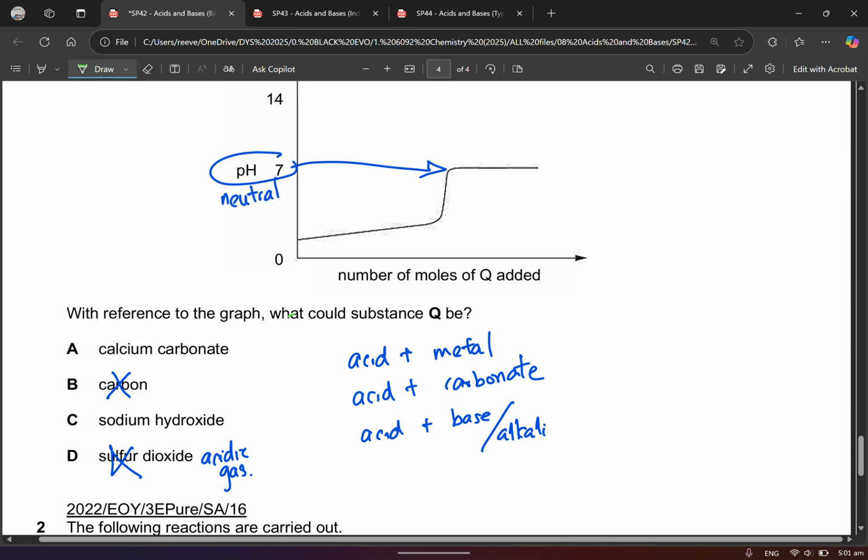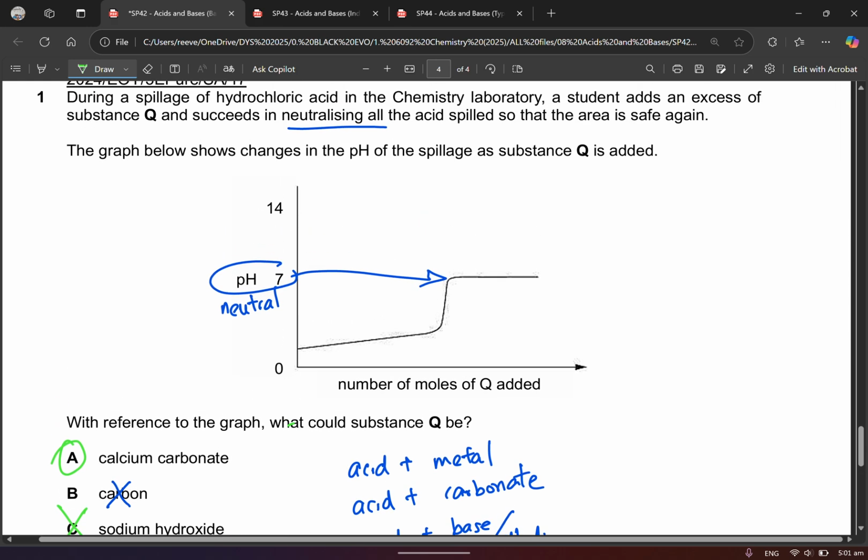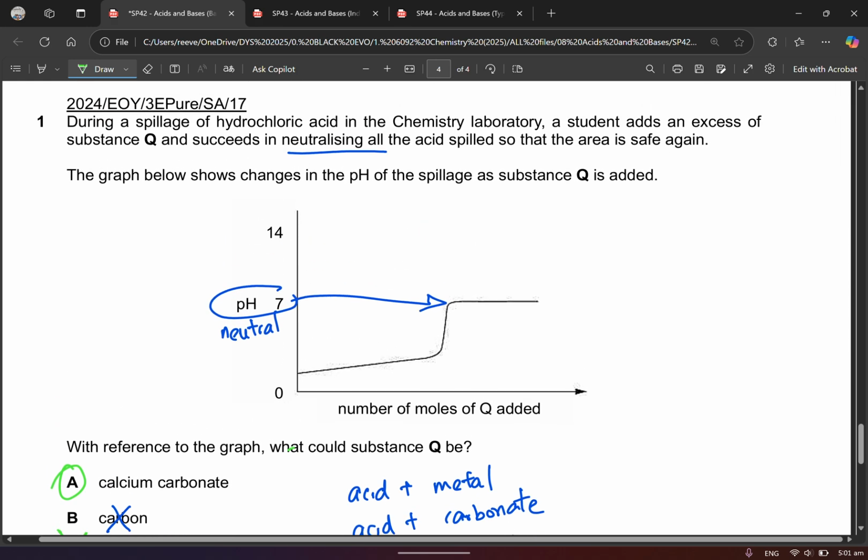Right now, I believe a lot of people would think the answer is C, but the answer is not C, even though the notes here are focusing on alkali. C is wrong. It should be A. Why? Because of this word, excess. It's one word that changed the fate of the question. The question is excess.